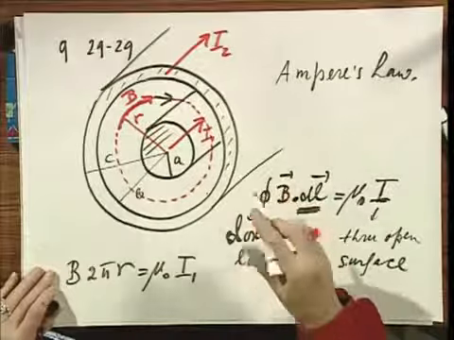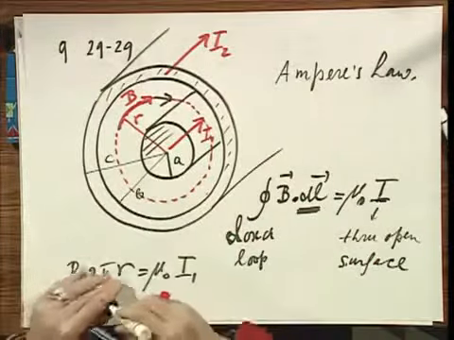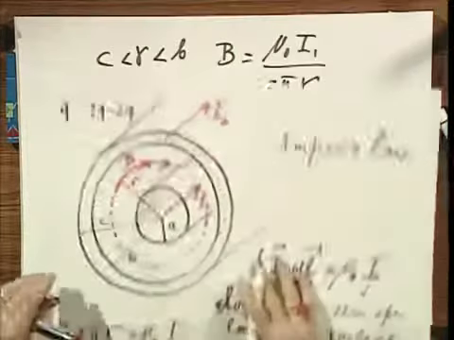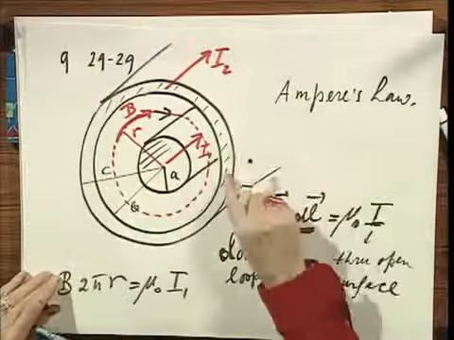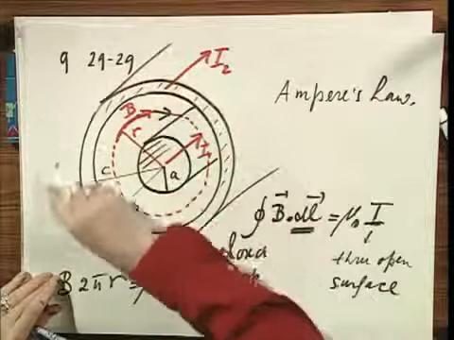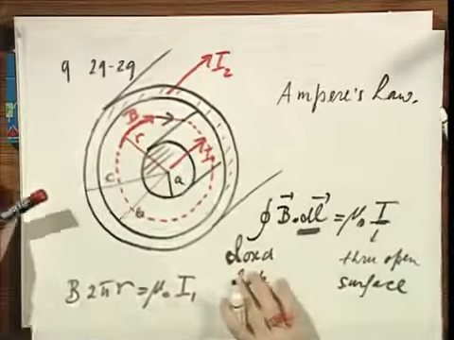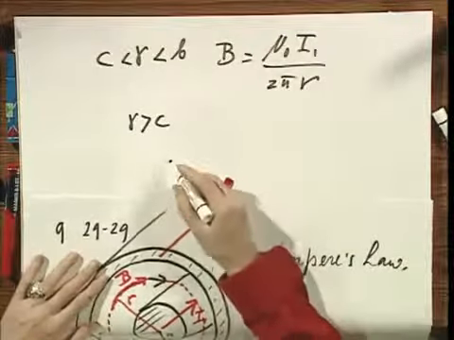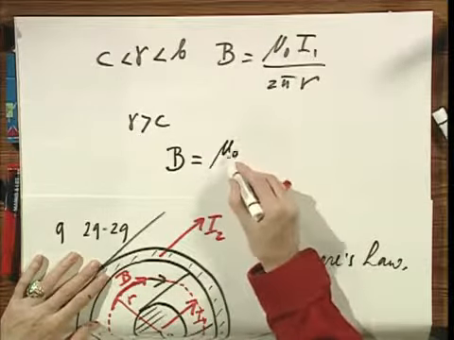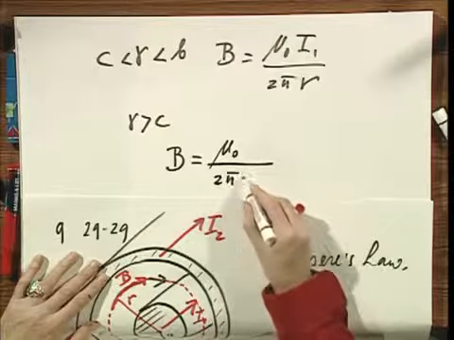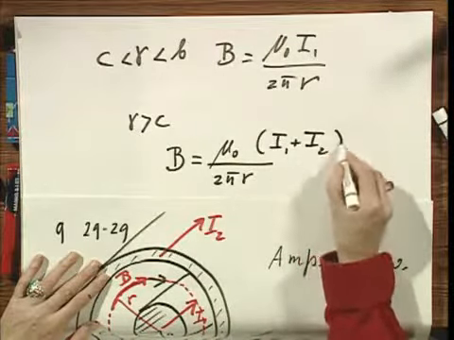If, however, I have also a current I2 flowing in the same direction as I1, and I want to know now what the magnetic field is larger than c, outside here, again I make a circular loop and I go through exactly the same exercise of Ampere's law, and now, no surprise, I will find that B equals mu 0 divided by 2 pi r, but now I have here I1 plus I2.